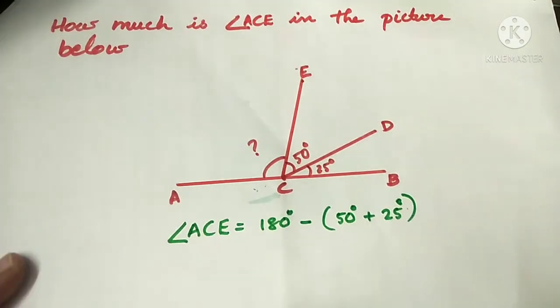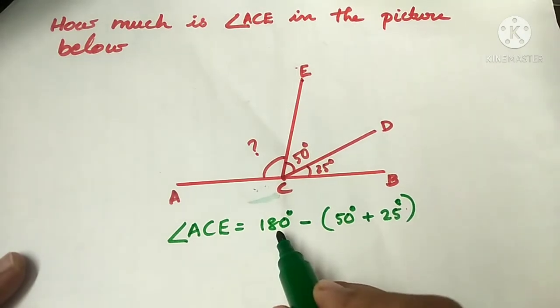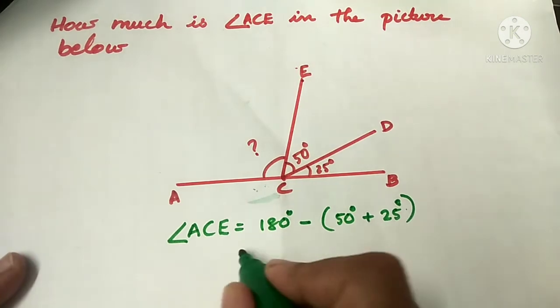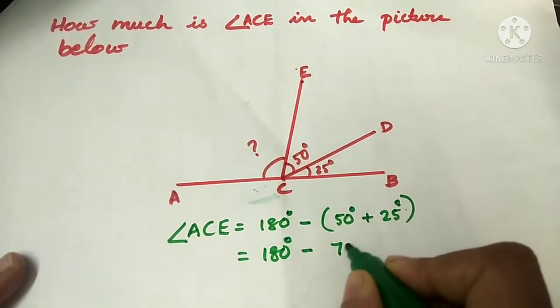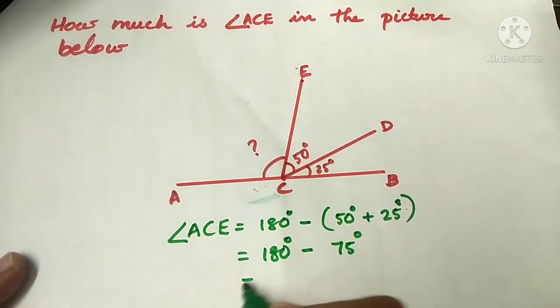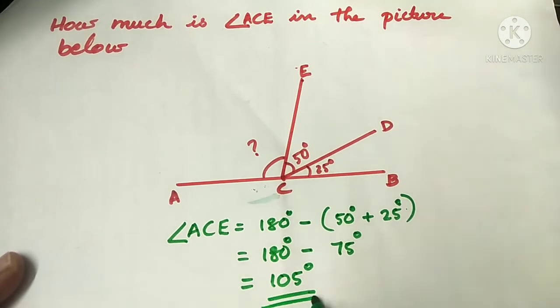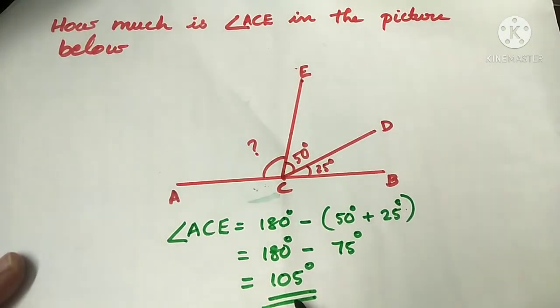So, we can write angle ACE is equal to 180 degree minus 50 degree plus 25 degree, that is equal to 180 degree minus 75 degree, that is equal to 105 degree. So, the unknown angle ACE is 105 degree.